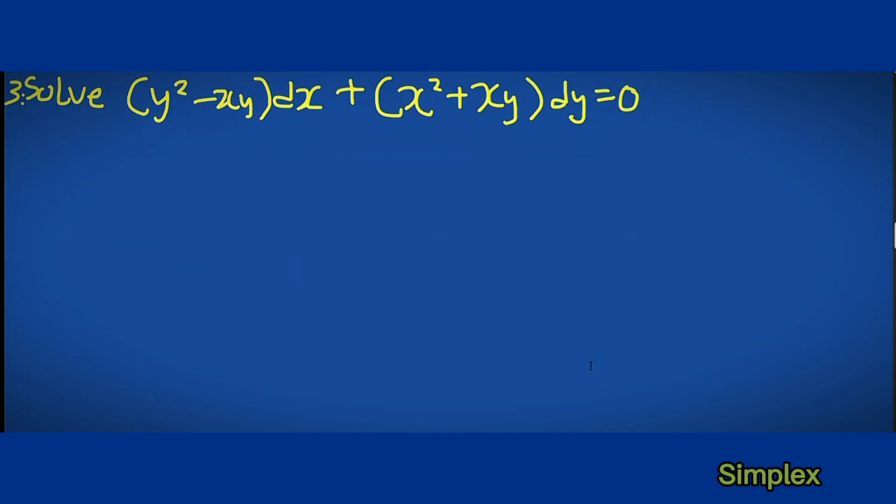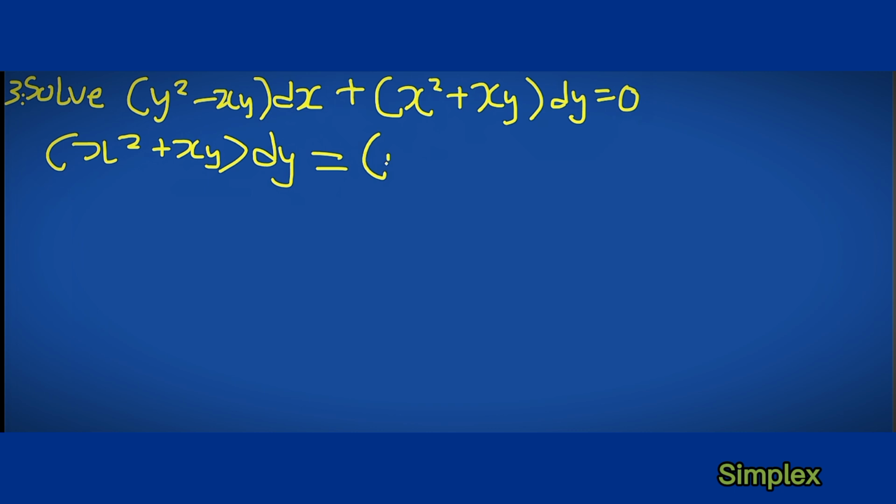Example 3, we have the equation over here. So remember the first step: make dy over dx the subject of the formula. In doing so, we have (x squared plus xy) dy is equal to (y squared minus xy) dx.